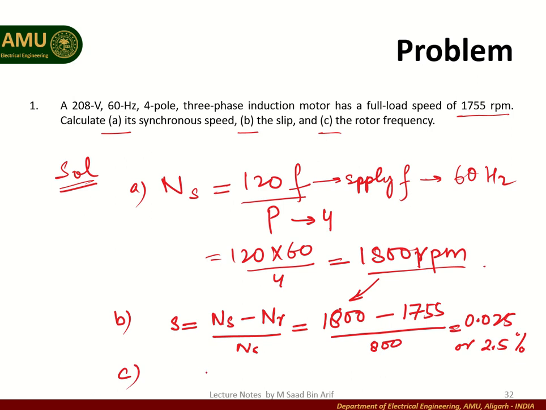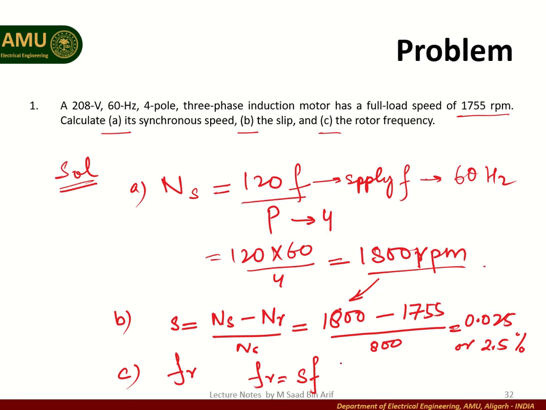Now the third part is to calculate the rotor frequency, that is Fr at full load. You know that Fr is nothing but the slip times the frequency of the supply.